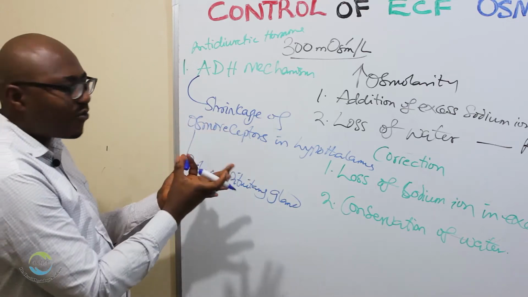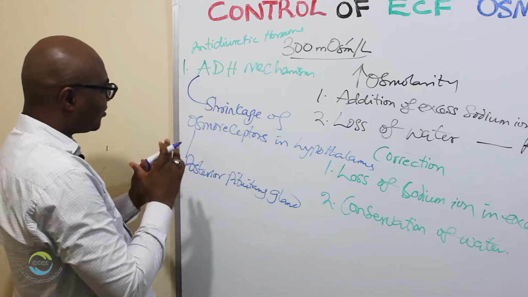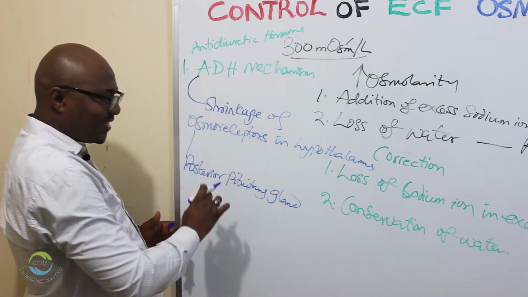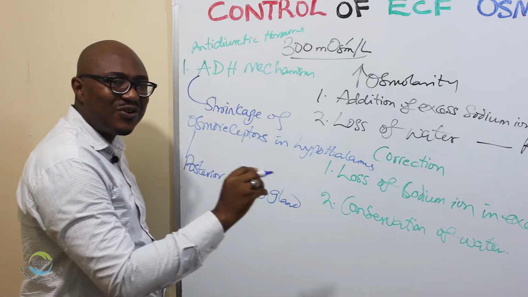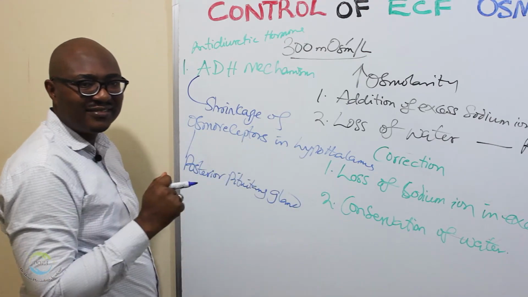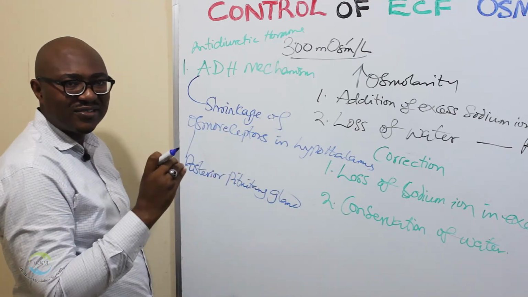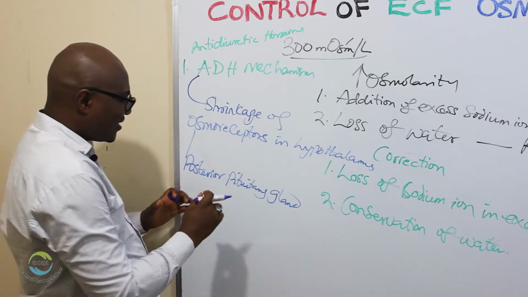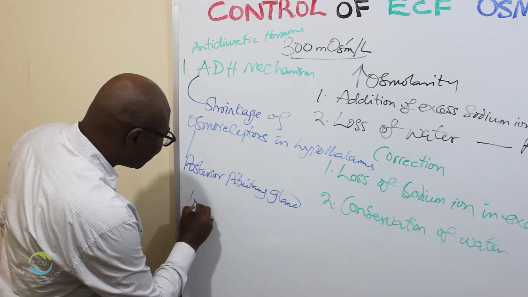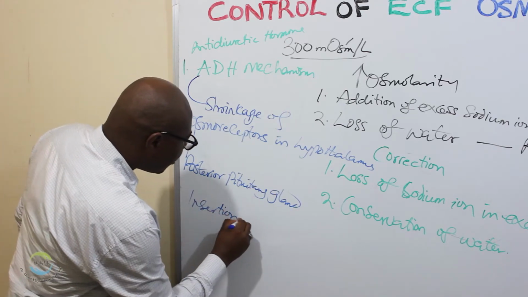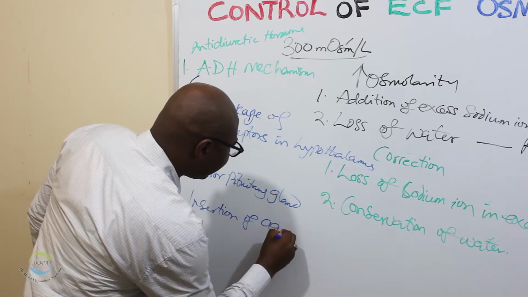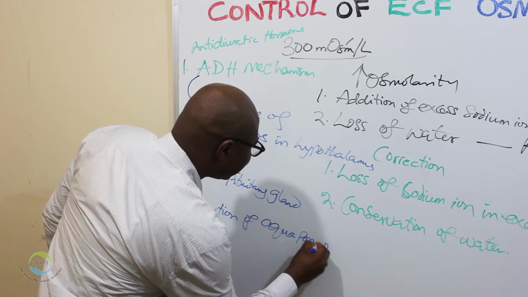So like we have already said in previous lectures, this ADH will do what? It will go to the distal tubule and the collecting ducts to lead to the insertion of aquaporins.